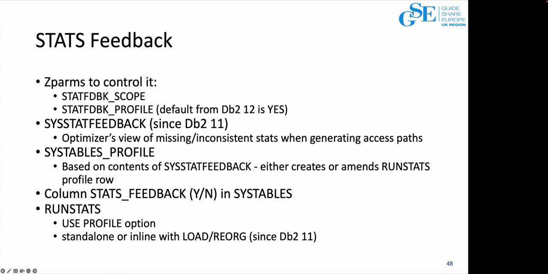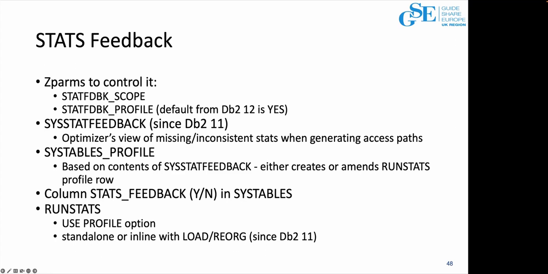At DB2 11, that data was just there for us to use for analysis, or tools might use it for recommendations, and that was all good. However, from DB2 12, the stat feedback profile ZPARM has a default of Y. And that may have been creating a whole load of maybe hundreds or thousands of RUNSTATS profiles based on SQL being run, including the rubbish spoofy DSNTEP2 type stuff that we accidentally on purpose run from time to time.